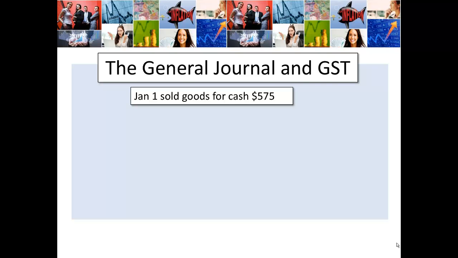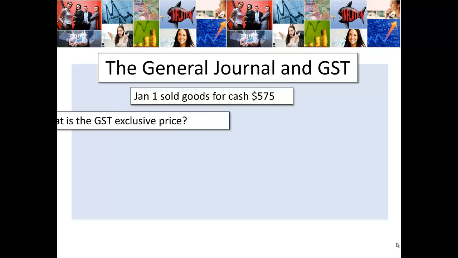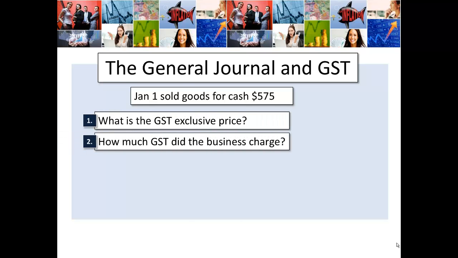On January the 1st, the business sold goods for cash, $575, and it must have charged GST there. So, two questions. What is the GST exclusive price? And once we can figure that out, we know how much GST the business has charged.